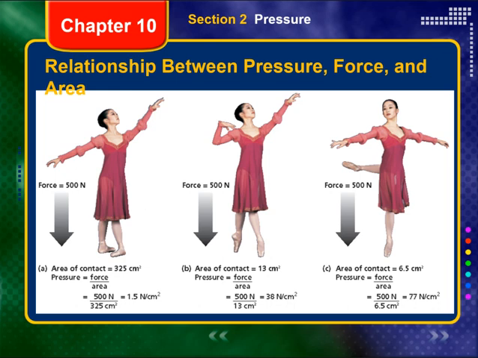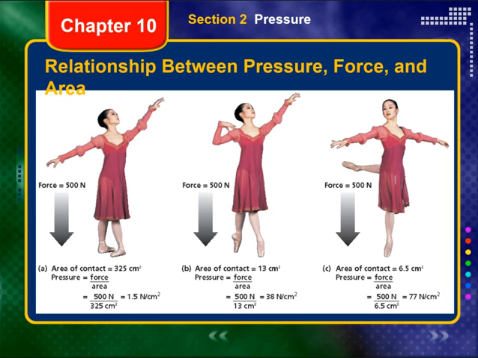So if we take a very knowable example, a ballerina, and this is where we got the 51 kilograms. If we assume that this particular ballerina has a mass of 51 kilograms, and she is standing at Earth's surface, when she stands on 2 feet, the soles of 2 feet take up an area of about 325 square centimeters. Again, that's where we got that number.